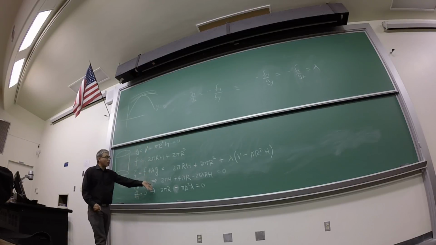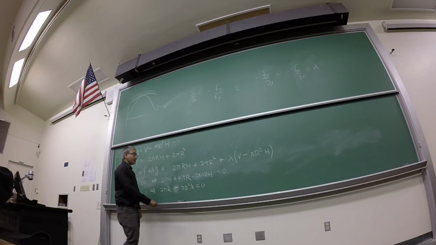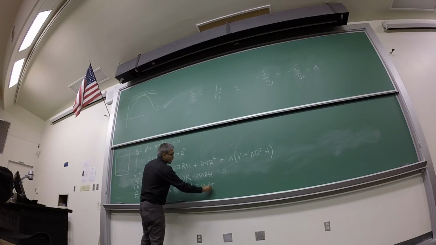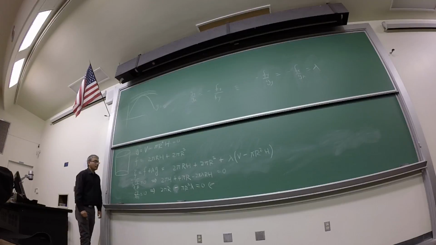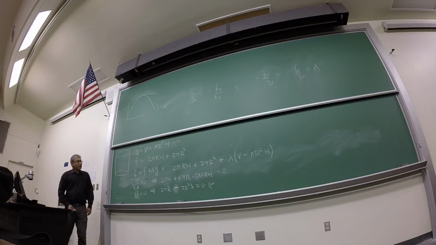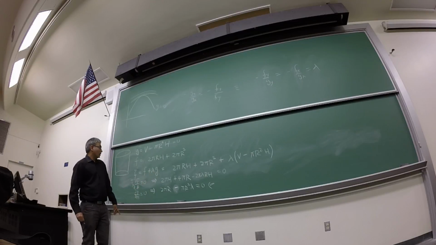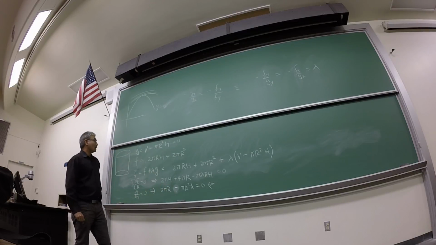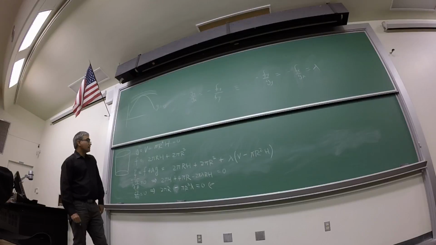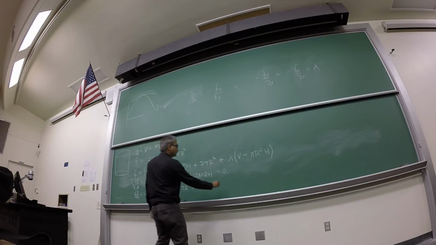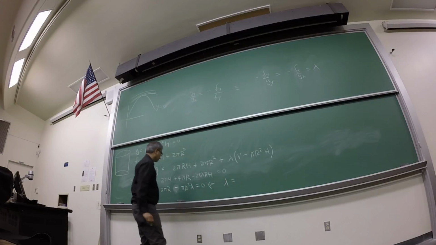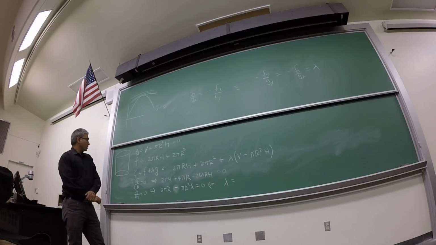Okay, so from these two equations, from this equation, we can solve for lambda in terms of r, and we can plug it back there. So from this equation, you can see lambda is simply 2 pi r divided by pi r squared, so 2 over r.